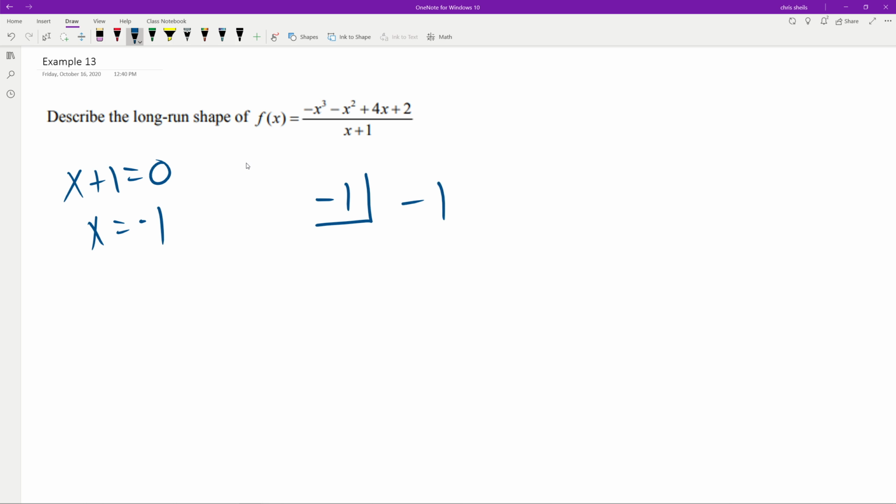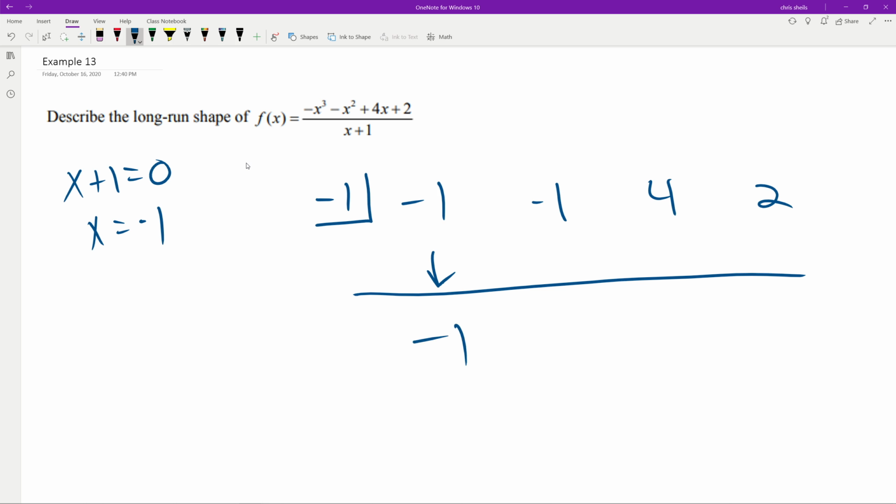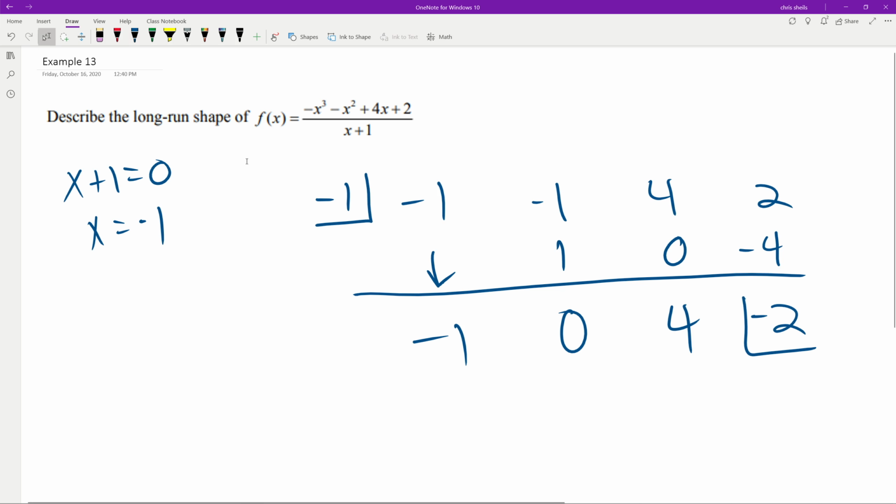Then I write the coefficients: negative 1, negative 1, 4, and 2. I'm not missing anything, so this negative 1 comes straight down. Negative 1 times negative 1 is 1, plus negative 1 is 0, times negative 1 is 0, plus 4 is 4, times negative 1 is negative 4, plus 2 is negative 2. So I get a remainder of negative 2 here.